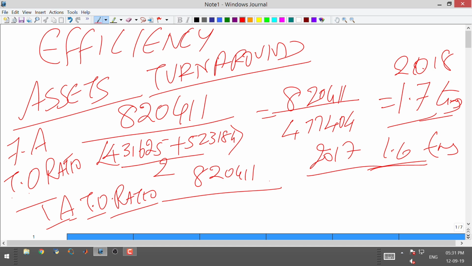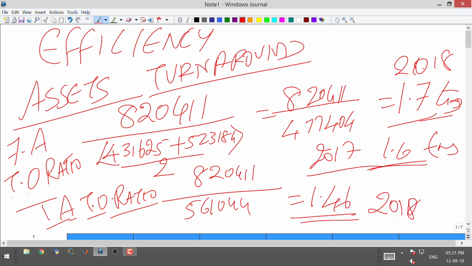The average is 561,044, so 820,411 divided by 561,044 gives an average asset turnover of about 1.46 times for 2018.